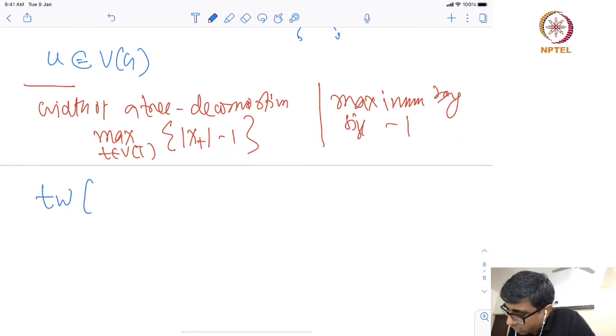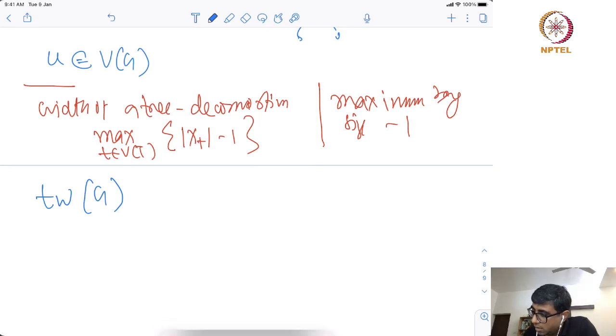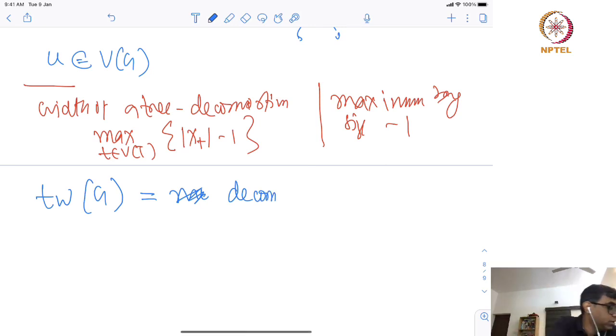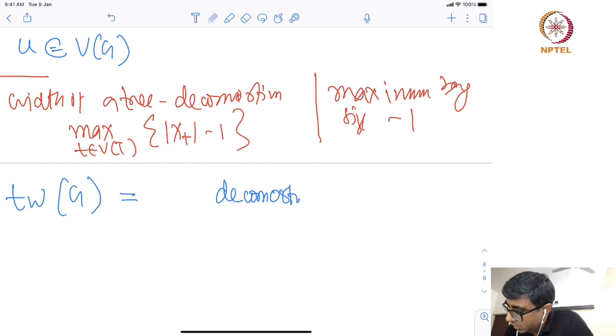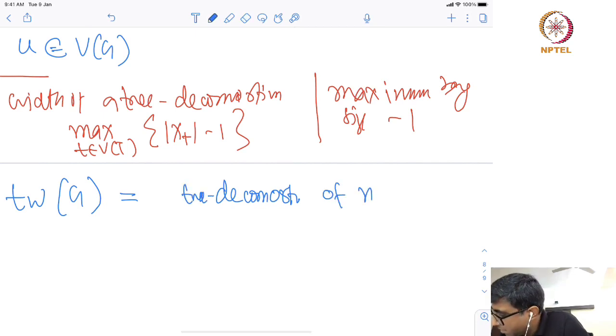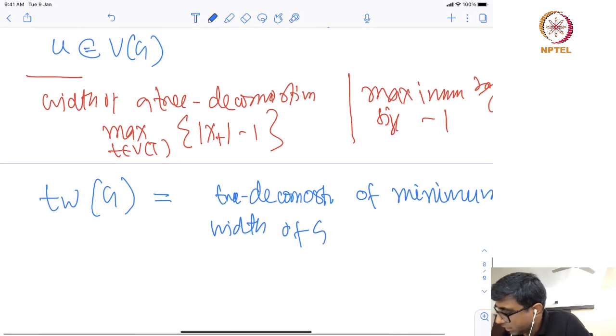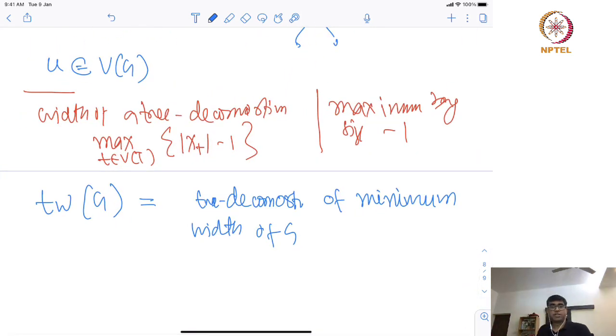Now you may ask, what is the treewidth of a graph G? It is the minimum width over all tree decompositions of G. Given a graph G, I could have several decompositions of that graph, but treewidth asks us to find the decomposition where the width is the smallest, where no bag is larger.